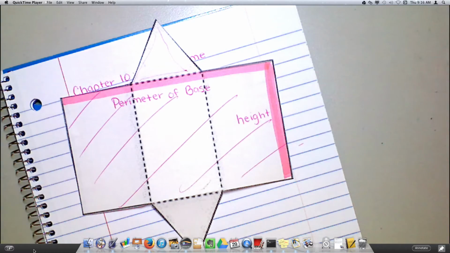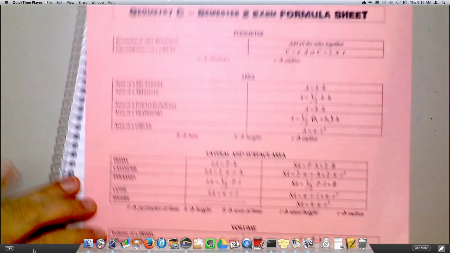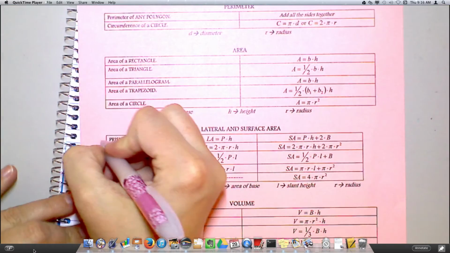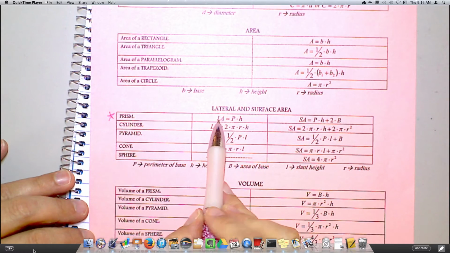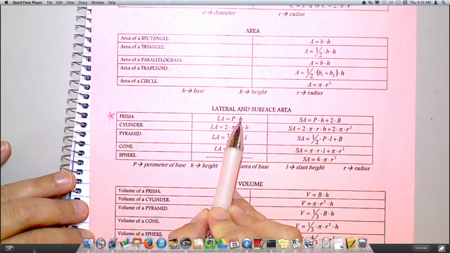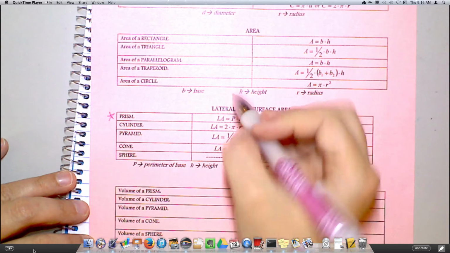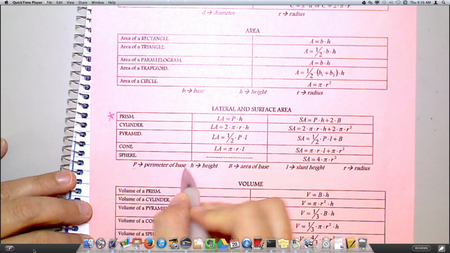Now I want you to look at that formula sheet that I gave you. Look at prism, because that's what we were just talking about. See where it says lateral area equals perimeter times height? That's what we were just talking about. You can find the perimeter of the base, and if you don't know what these letters mean, it tells you down below.